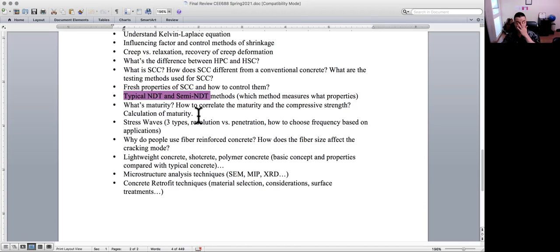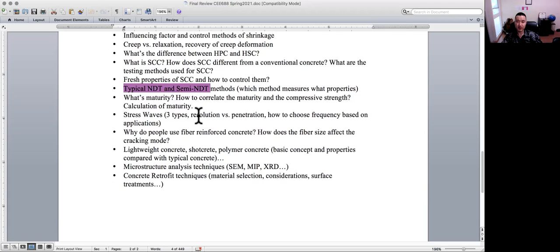You should know how these NDT methods work and based on what properties, and what the applications are for the different types of NDT method.